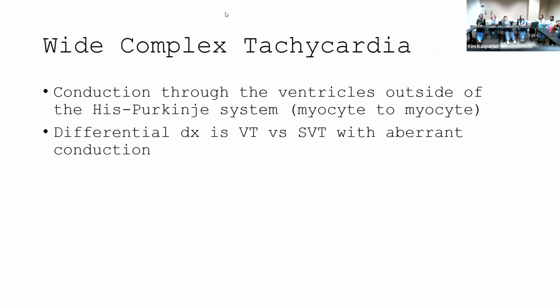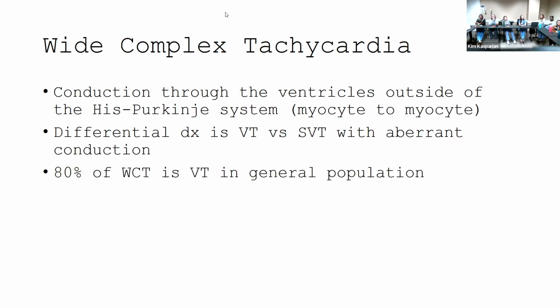So the differential is going to be ventricular tachycardia versus one of your other supraventricular tachycardias that we mentioned earlier, plus a bundle branch block. So that's what aberrant conduction means, is usually a bundle branch block. Sometimes those can appear only when the heart rate goes fast, and then when the heart rate slows down, the bundle branch block goes away, but they can look similar.